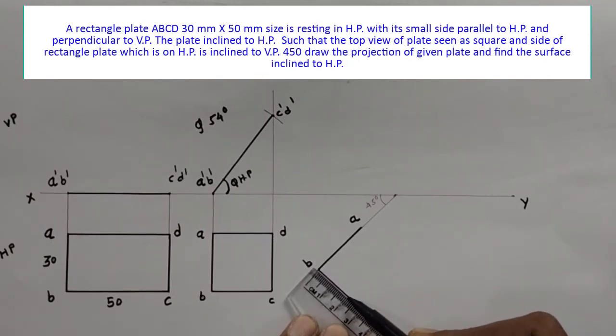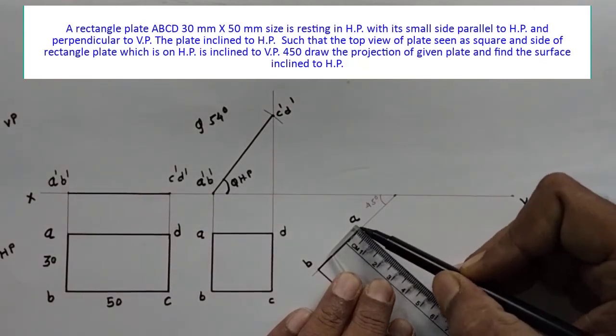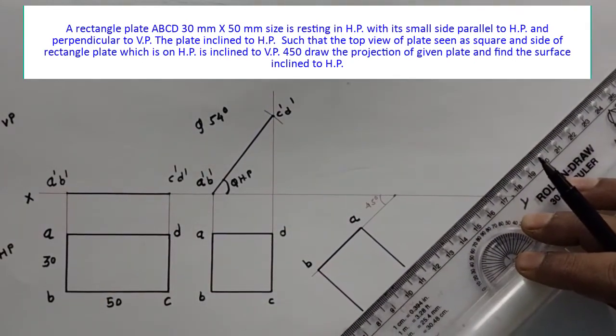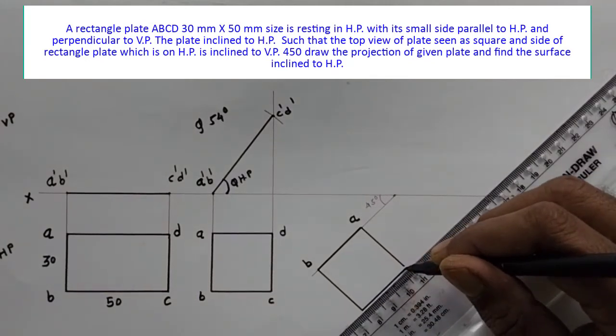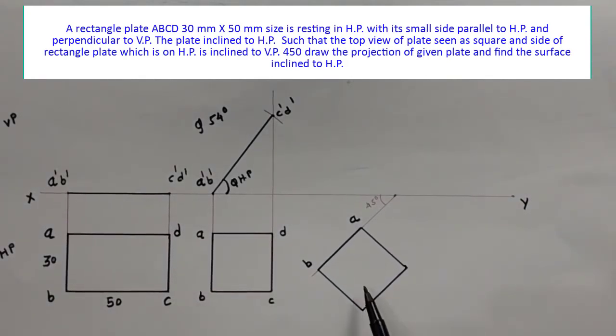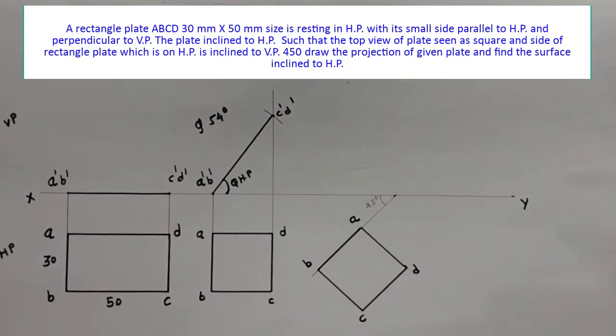Either you can apply the arc method, this 30 mm, it is also 30 mm, and rearrange your second stage top view with side AB inclined to VP. So this is my corner C. It is our corner D.